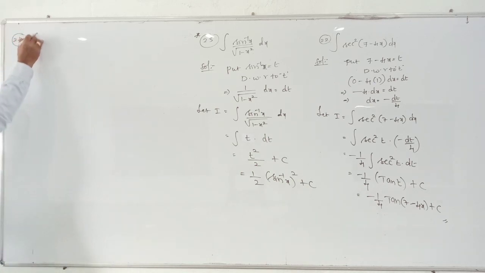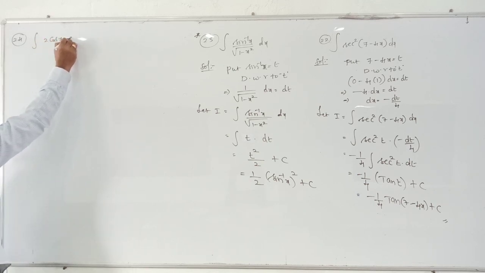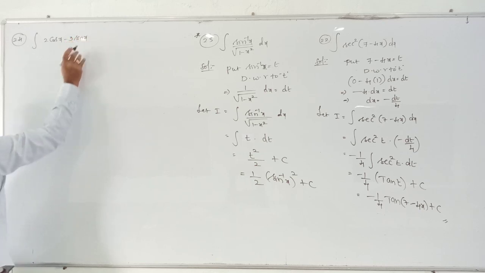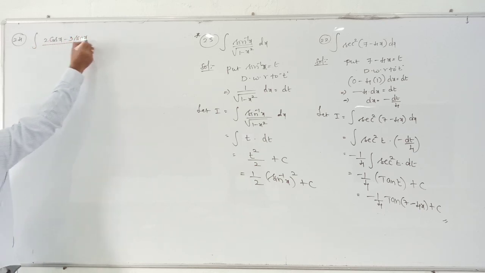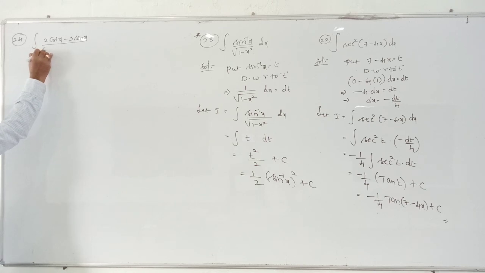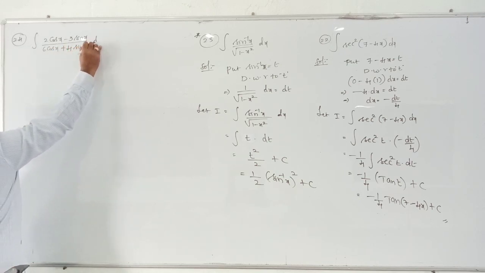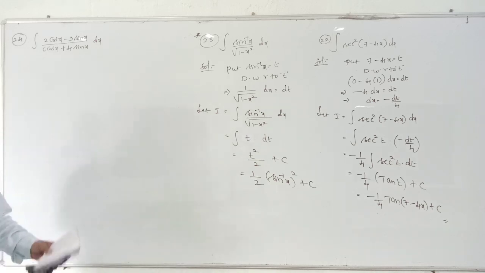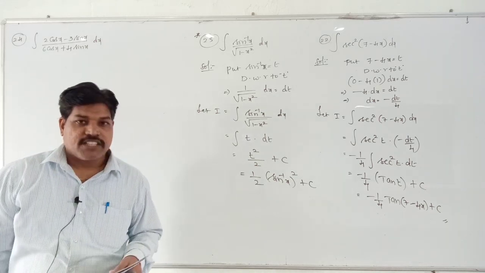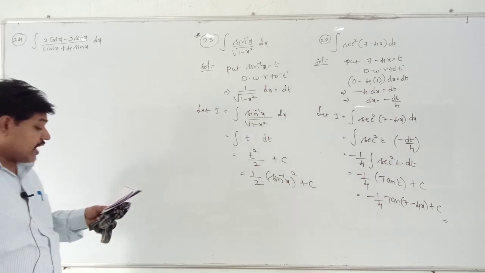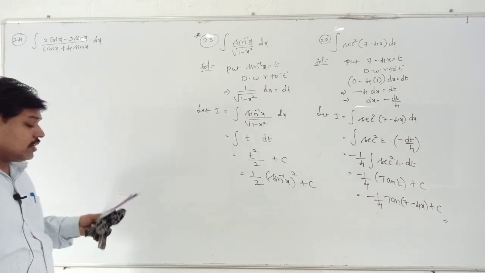Integral of 2 cos x minus 3 sin x by 6 cos x plus 4 sin x into dx. So what is the problem? Integral of 2 cos x minus 3 sin x by 6 cos x plus 4 sin x.